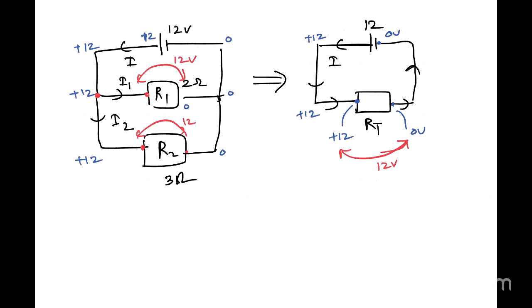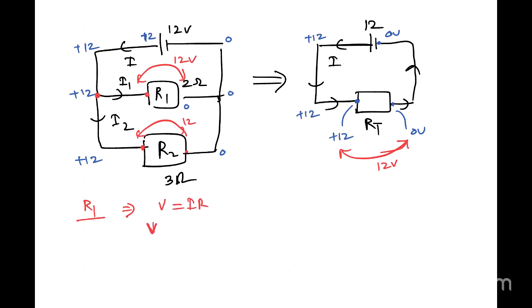So here, I'm going to use V equals IR on R1. Voltage is 12. I'll just write the letters, okay?